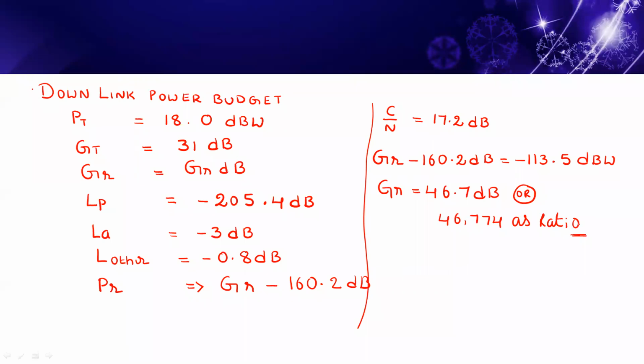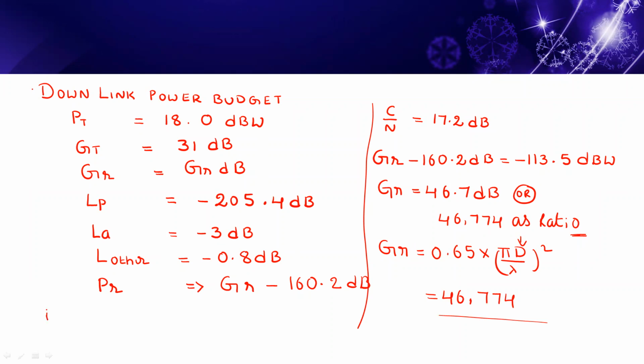The earth station antenna diameter D is calculated from the gain formula. What is the GR here? GR equals 0.65 times (pi D divided by lambda) whole squared, where D is the diameter. In our calculators, we got 46,774, at 11.45.